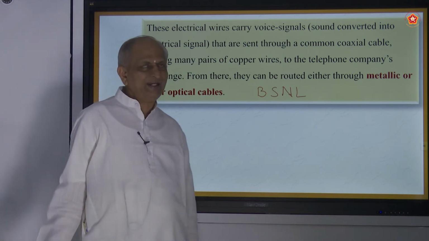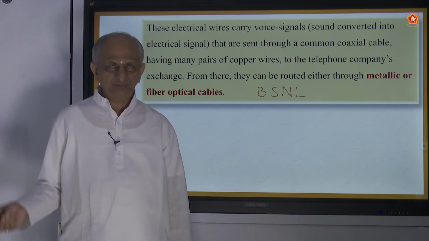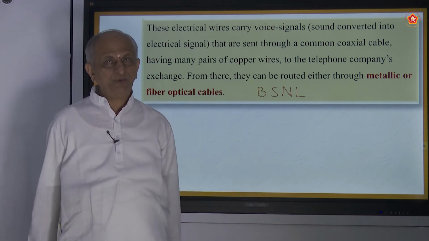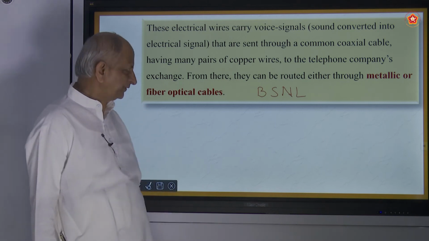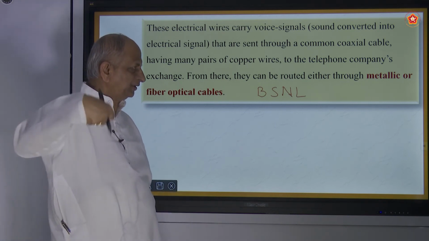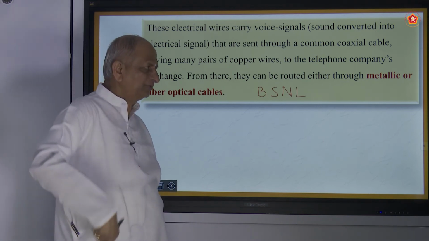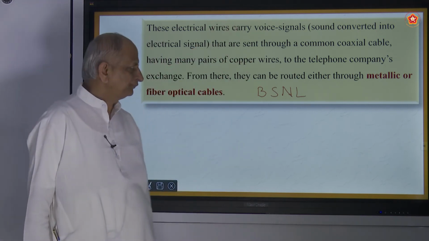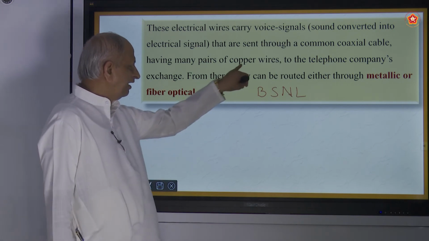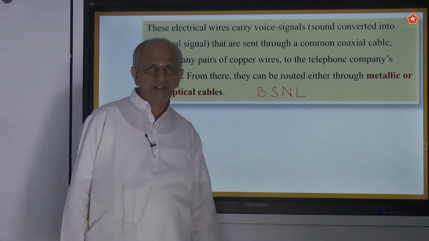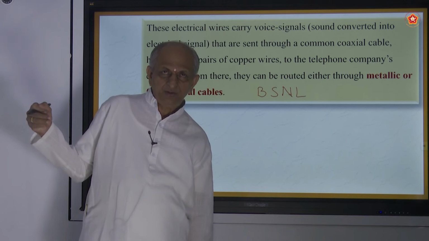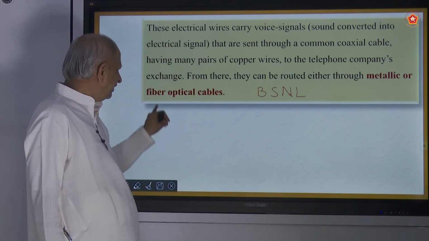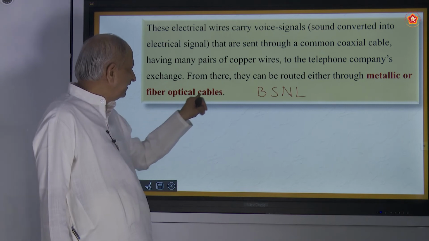All the landlines, even now, are operated and controlled at a place called the telephone exchange office. So the connection from the house goes through cables, and those cables contain copper wires because copper is a conductor through which the electric signals pass, and it may be optical cable also.